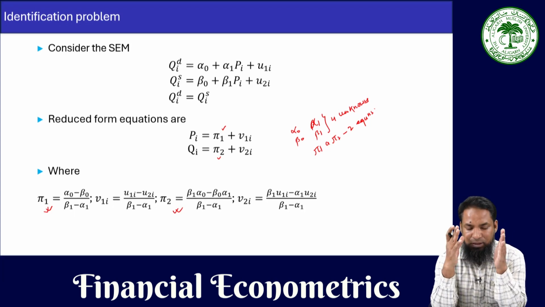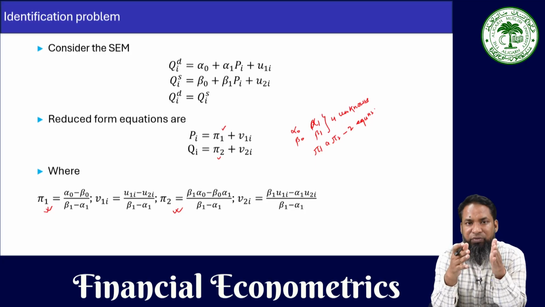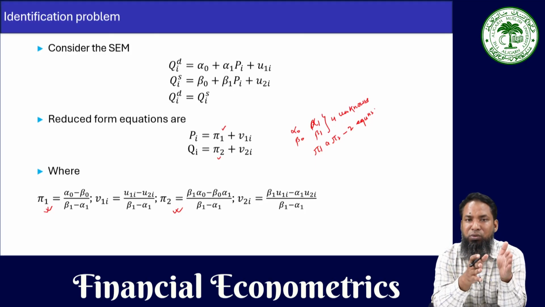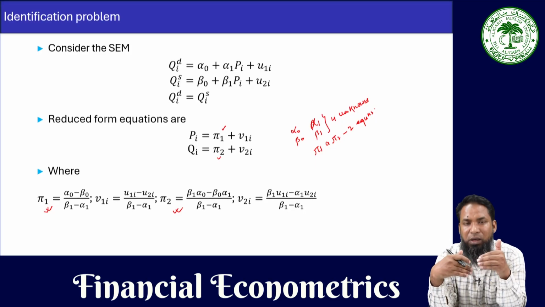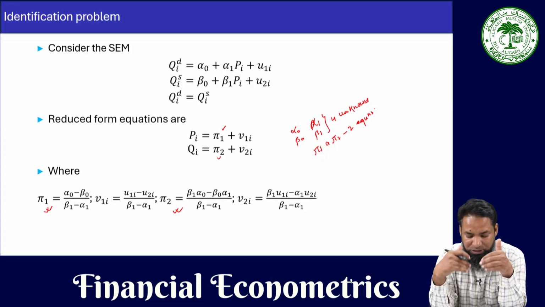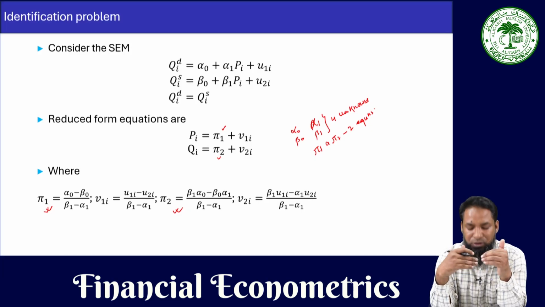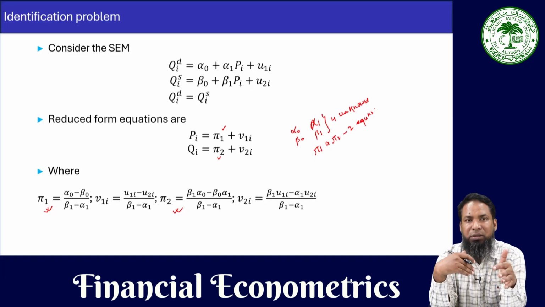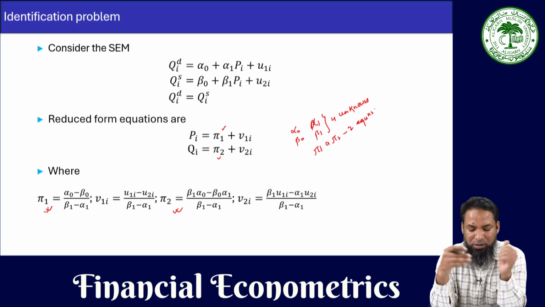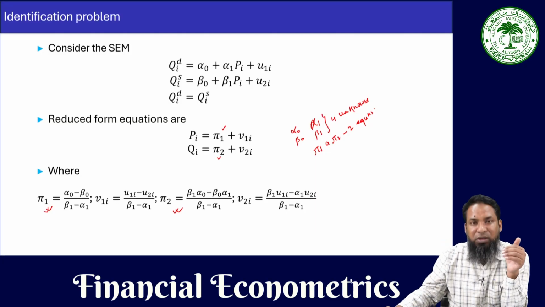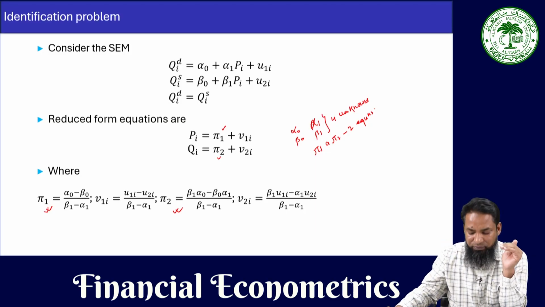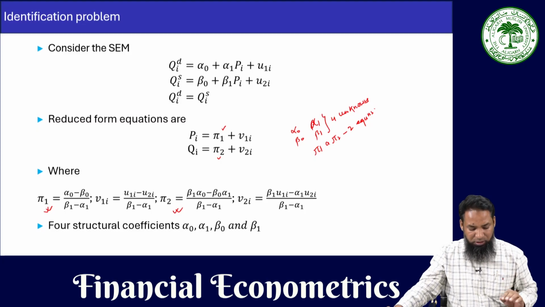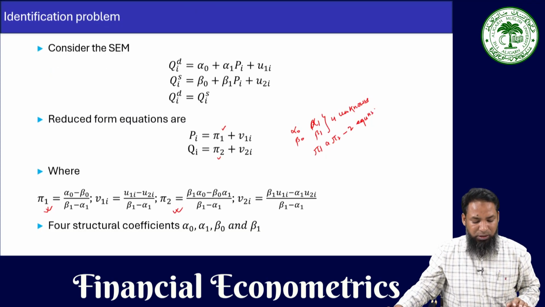We need at least as many equations as there are unknowns. However, here we have more unknowns and fewer equations. Therefore, it is not possible to estimate the structural parameters using the relationship between the reduced form parameters and structural parameters. So this is the situation of under identification.